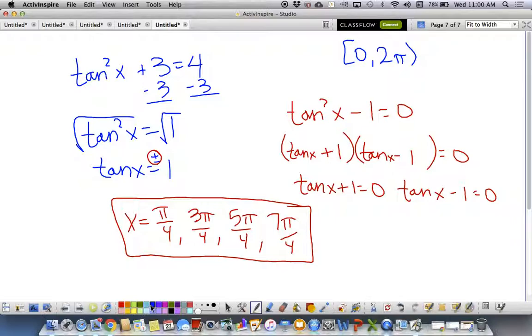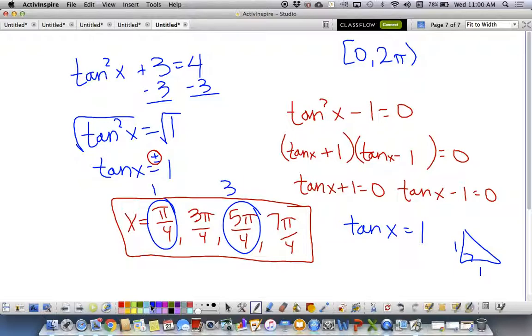Where is tangent equal to 1? Tangent of what angle equals 1? My reference angle is 45, 45, 90. So that is positive in quadrant 1 and quadrant 3.